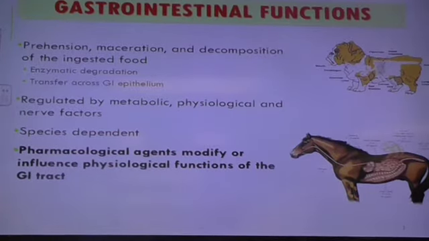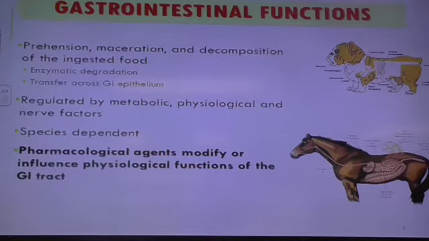It's very complex, and it's species dependent, because you cannot compare a monogastric animal to a ruminant animal, right? There is a big difference in the GI system between these two of them. But it's not just these two types of classification; they have small details as well, so I will go over that.